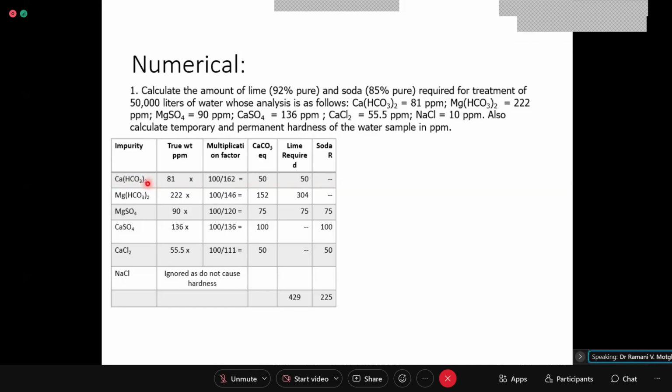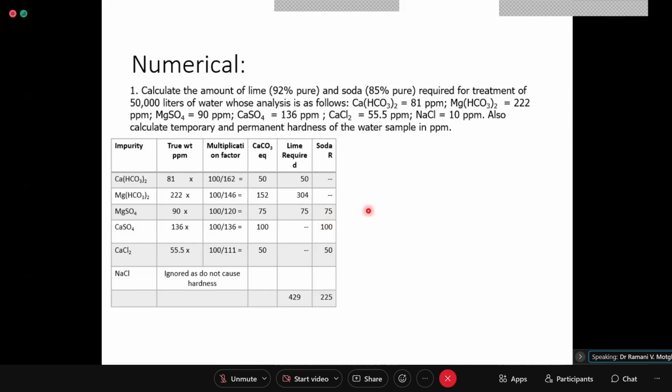So you should write proper balanced chemical reactions here. Calcium bicarbonate plus Ca(OH)2, like this, forming what things are formed. So here you will write MgSO4 plus Ca(OH)2, giving Mg(OH)2 plus CaSO4. So this CaSO4 is then removed by this soda.